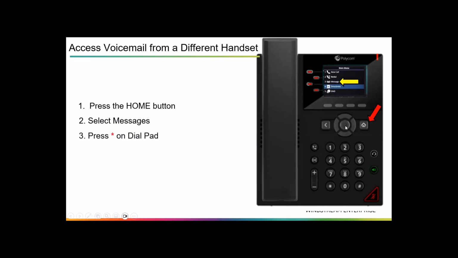And then once you hear the prompts, press the star key button, and then it will trigger the voice prompt to ask for your extension number, followed by the voicemail PIN. Once you're able to provide those two pieces of information, the voice prompt will say how many new voicemails you have, and then will provide you the options on what to press.